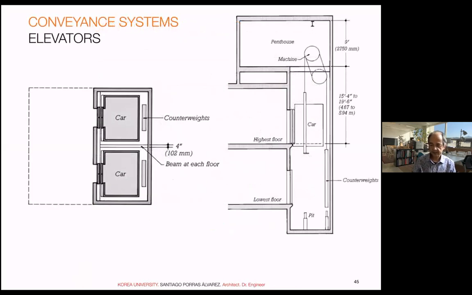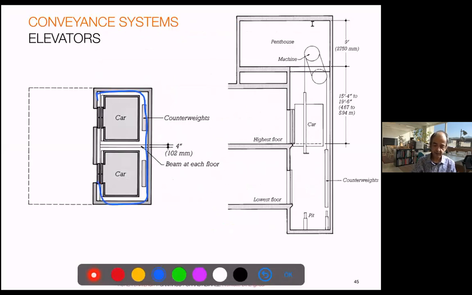This is the basic general system, right? You can share the shaft, but you need some separation between cars or cabins. You need a pit, and of course overhead space always for the safety we said, and space for the machine room, right? Depends on the makers.